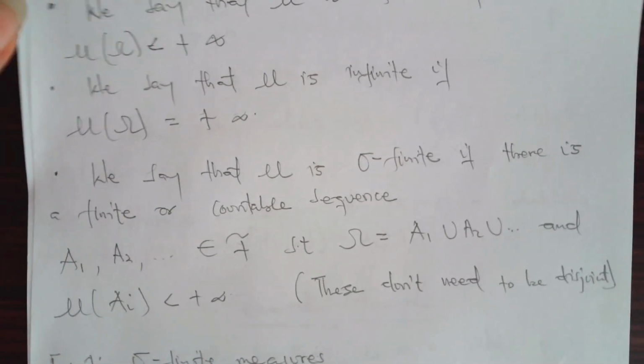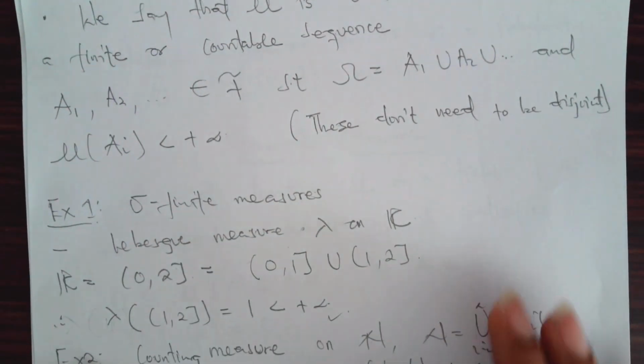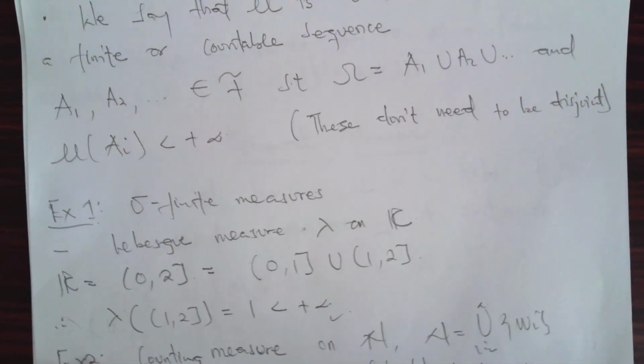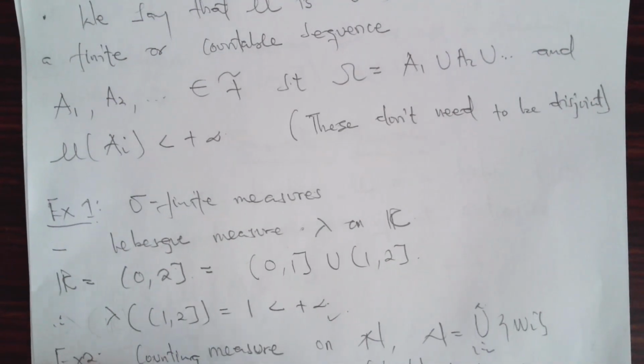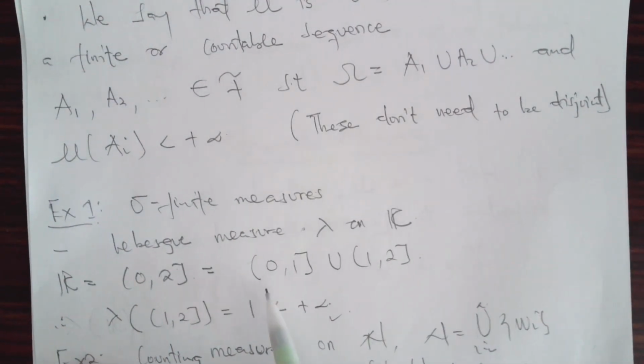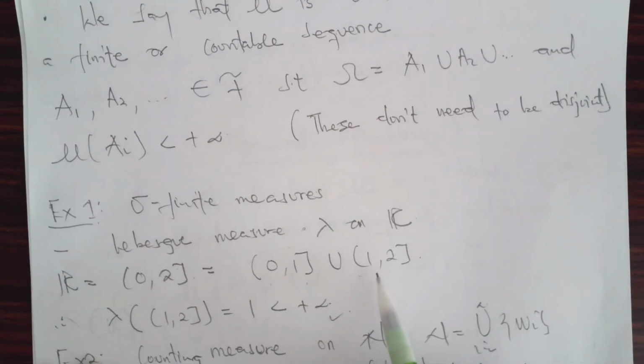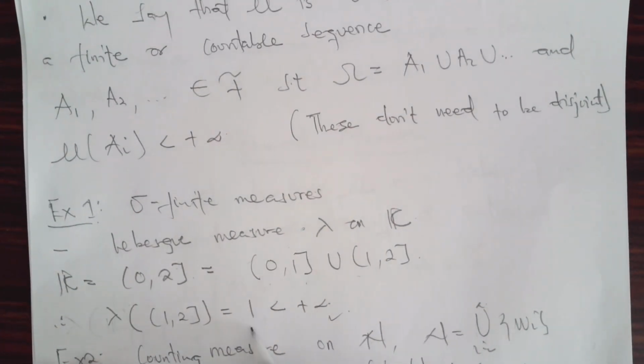You can consider some examples of it here. Example 1 for sigma finite: you can define the Lebesgue measure on R. Pick R to be 0 to 2. We can write it as 0 to 1 union 1 to 2. If you pick any of these elements and take the measure, realize that it is 1, and 1 is a finite number.